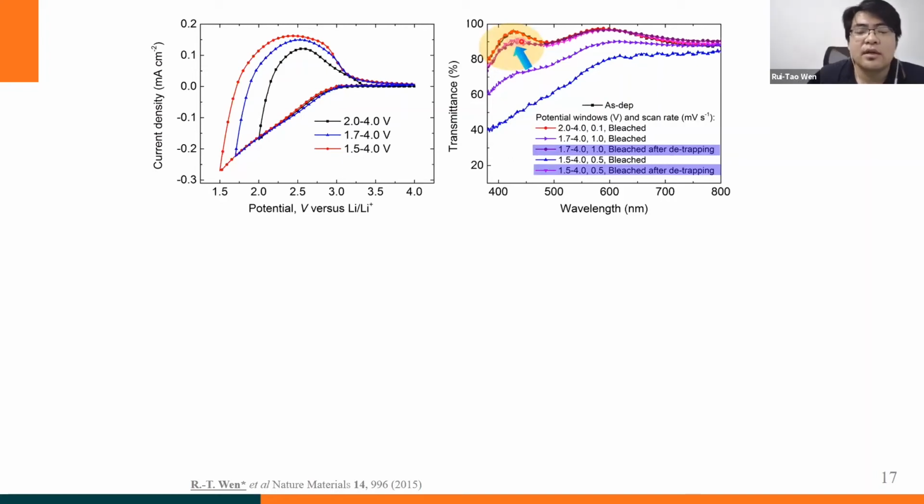That means there is another kind of trap, since this optical transmittance cannot go back to its initial performance. We call this kind of trap an irreversible trap. But the good thing is that this portion is very small, so we can almost neglect it in real applications.